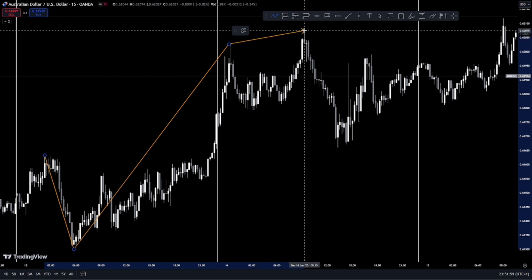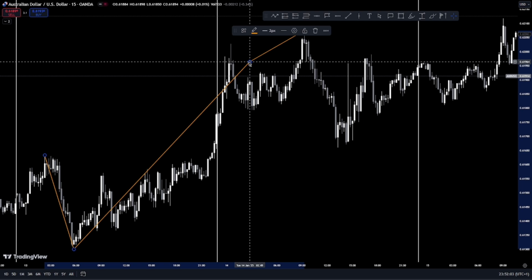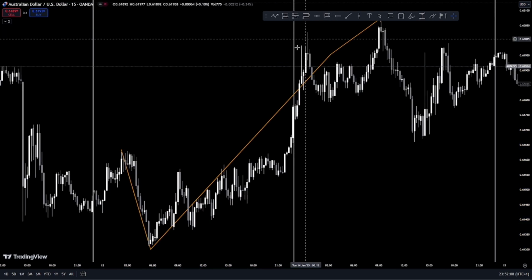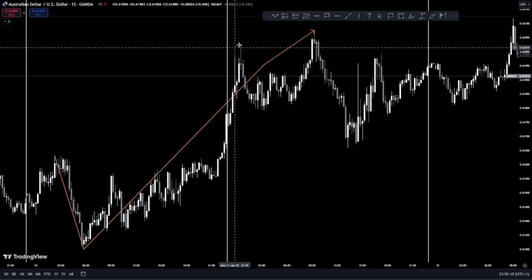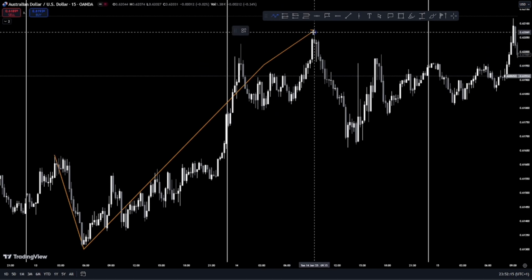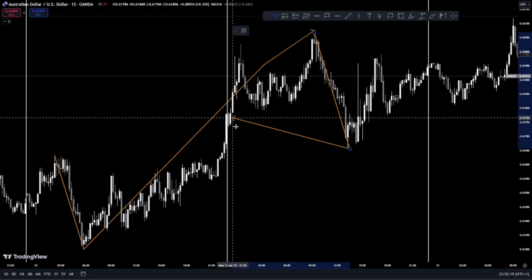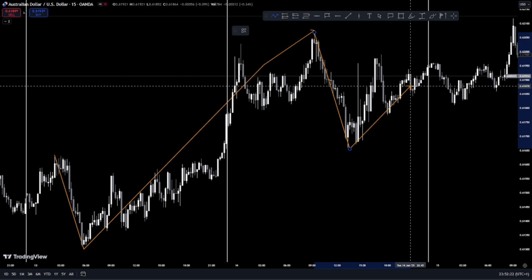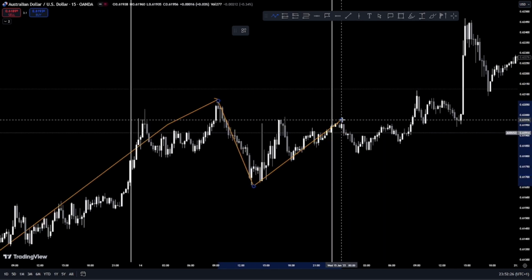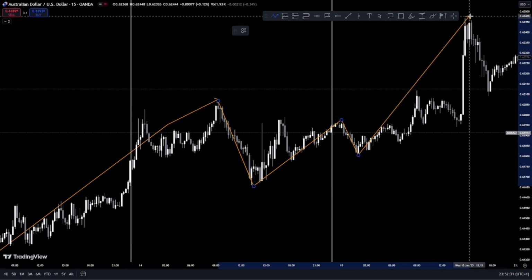I should be picking this high. So I'm picking this high. Okay, so why am I picking that high? That is the highest point. Okay? Now, this is a high. Yeah, but let's pick this one. Don't worry, I'll teach you. Now, from that high, price dropped to where? Below the daily open. And then from there, what happened? It went up again to this point, above the daily open, below the daily open, then went to this high.